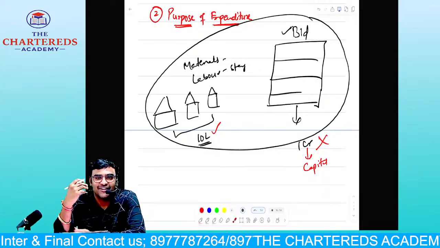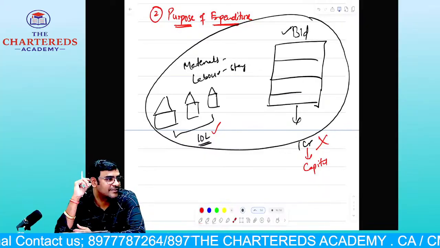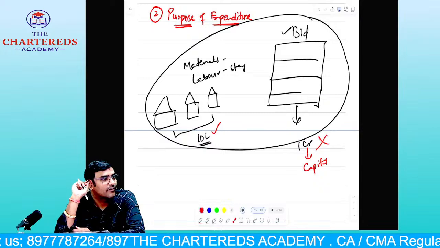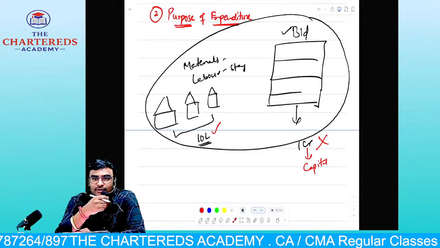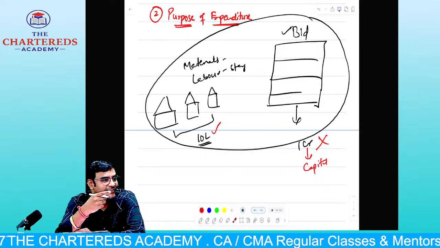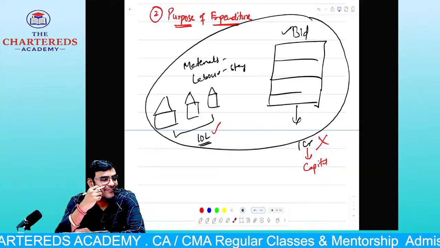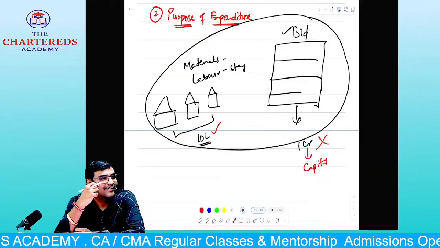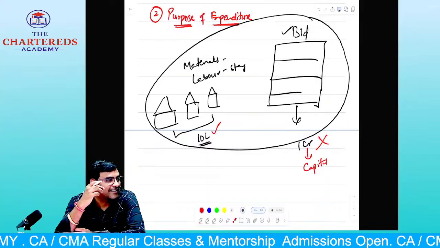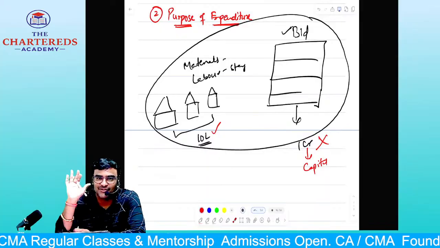Is it capital or is it revenue? మీరు ఒక్కసారి బ్రెయిన్ కి కావాలి. Okay, capital, revenue. Okay, good. అన్ని ఆన్సర్స్ చూస్తున్నాను.